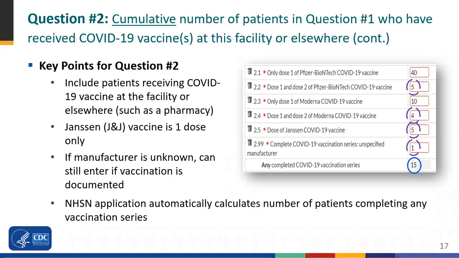If a patient's medical record indicates that they received full COVID-19 vaccination outside the facility, but information for the specific vaccine manufacturer is unavailable, the facility should report these patients in the unspecified manufacturer category.